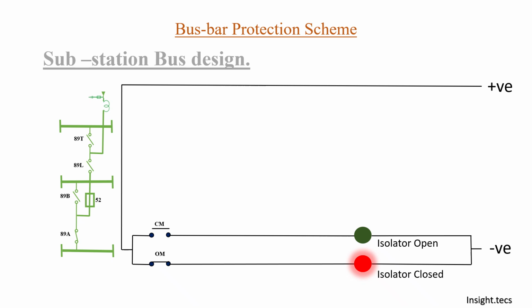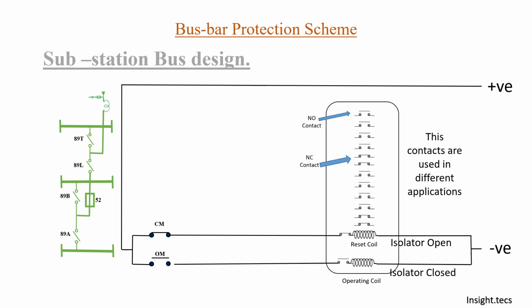Now when the position of the isolator is changed, the positive will be extended, the contacts will be reversed, and OM will be closed. That will indicate the isolator closed. So that is how you will get the isolator open or closed LED glowing on the panels.